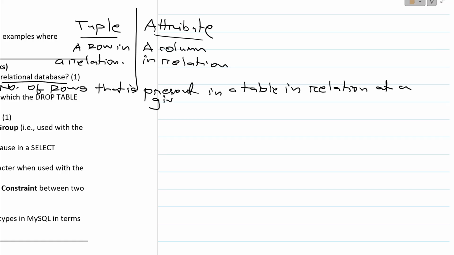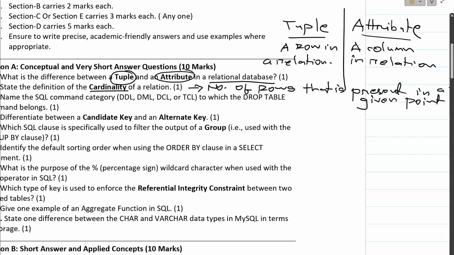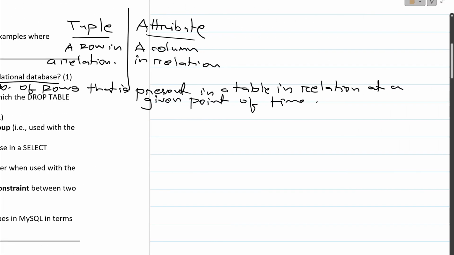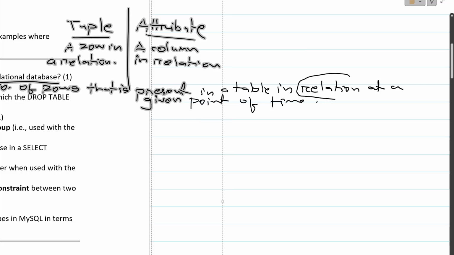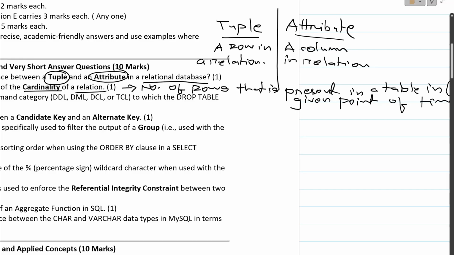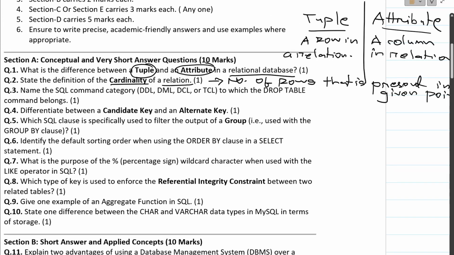That is said to be the cardinality of a relation. As you must be observing, everywhere there is a relation mentioned. That is why whenever you are writing for the table, you need to also mention that a table with relation needs to be considered whenever you are defining.